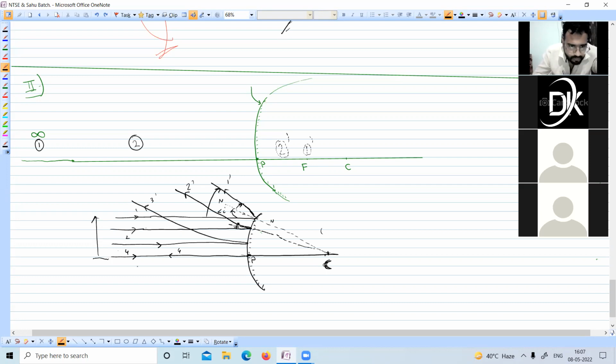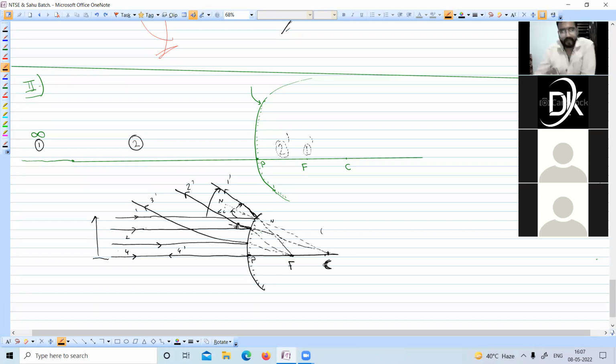So we are getting the pattern 1, 2, 3, 4 and 1 dash, 2 dash, 3 dash, 4 dash. Now if we trace it back, we find all the rays intersecting at half of the distance from the PC, that is FP, which is half of the radius of curvature, that is the focal length.